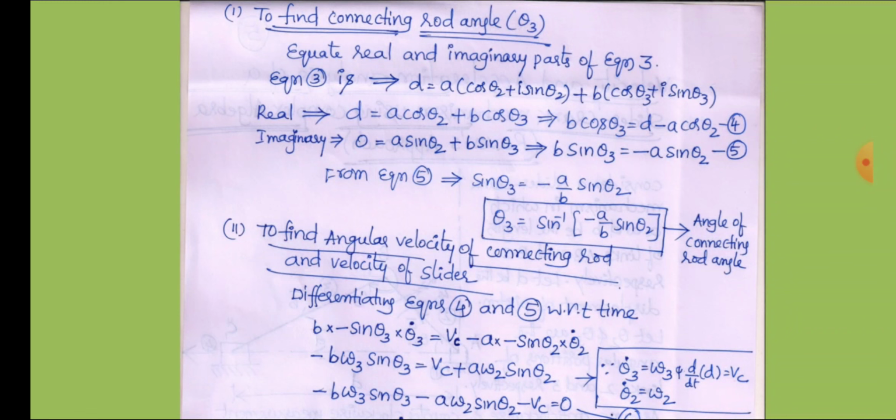That you call it as equation number 5. So equation 4 I got by equating the real part of equation 3, and equation 5 I got by equating the imaginary part of equation 3.